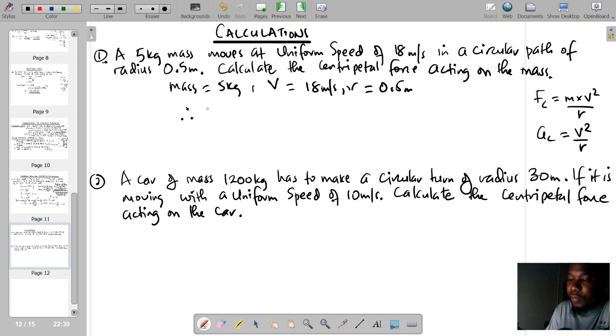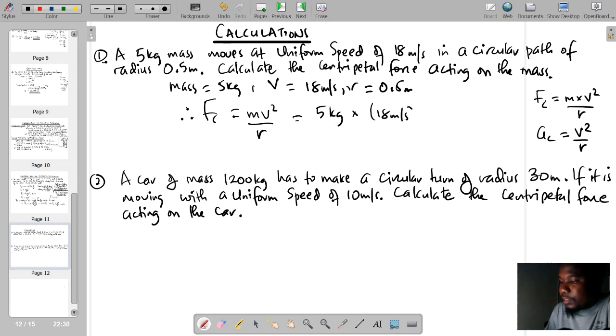Therefore the centripetal force will be equal to mv squared over r, which means it's 5 kg multiplied by 18 meters per second squared, divided by 0.5 meters.